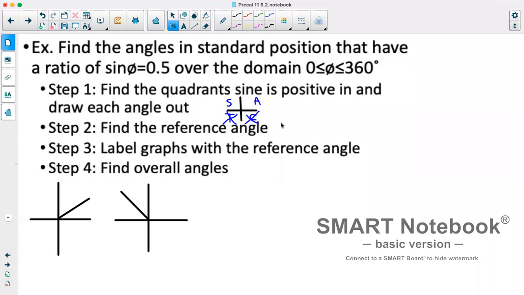Next, we find our reference angle. To do that, we take sine of our angle is equal to 0.5, and we arrange it so we have our angle is equal to sine inverse of 0.5. So that gives us 30 degrees.